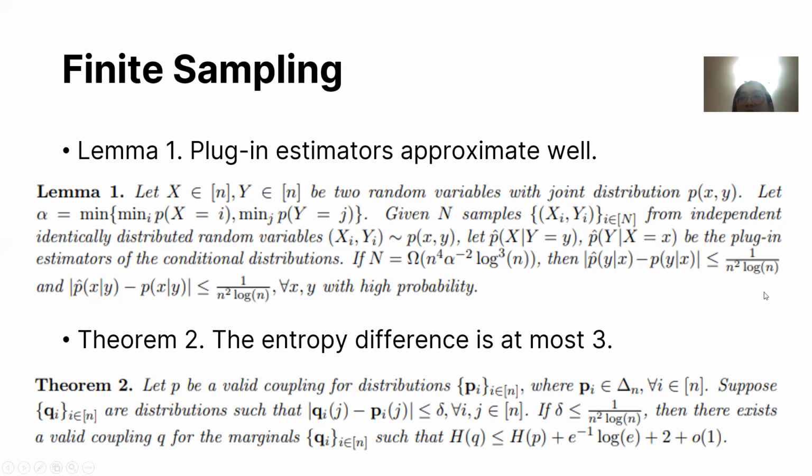Given this 1/n squared log of n difference, one can know that the entropies of P and Q are not that different. Their difference is at most 3.